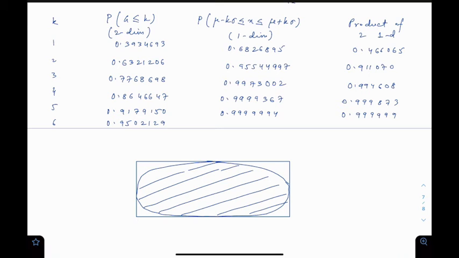Since the covariance matrix is symmetric, there exists a unitary transformation which diagonalizes it. So in 2 dimensions, this is a rotation matrix, which we will denote by U as simply cos theta, minus sin theta, cos theta.